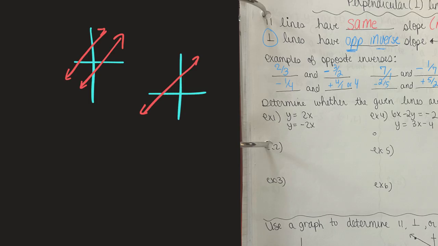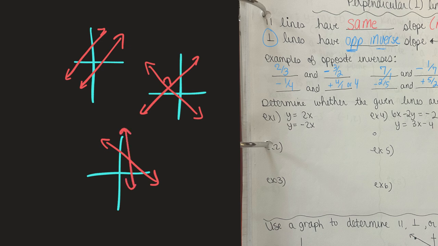If I have this slope, then this slope makes a 90-degree angle compared to that other one. Everything else just means that they cross, but they cross not at 90, but they do cross. So we've got parallel, perpendicular, and neither. Neither still means they're probably going to cross, but they're not crossing at anything special.